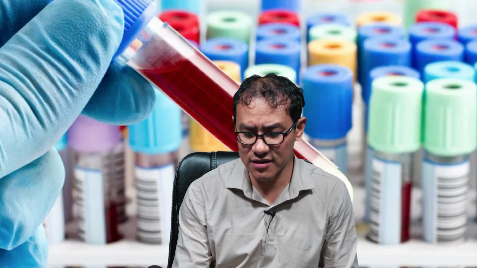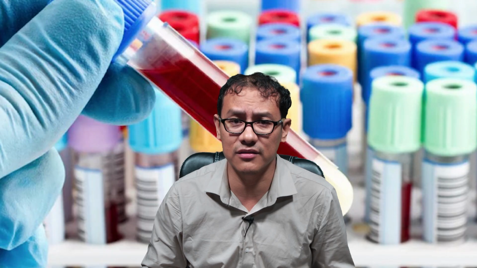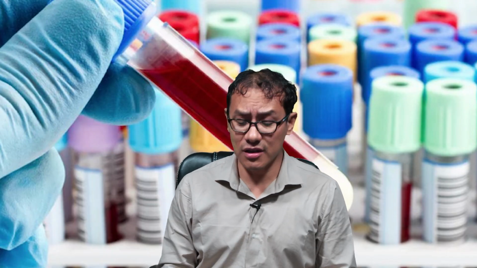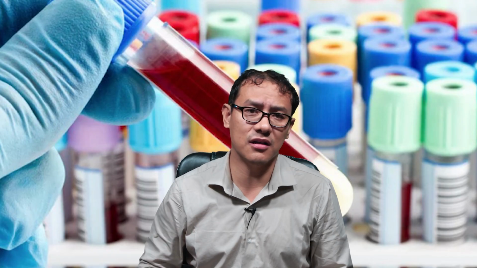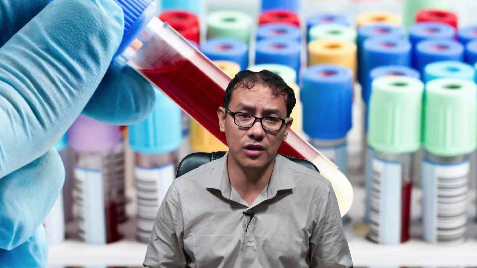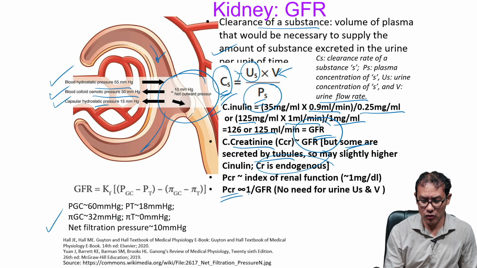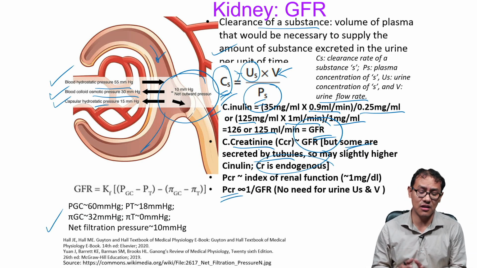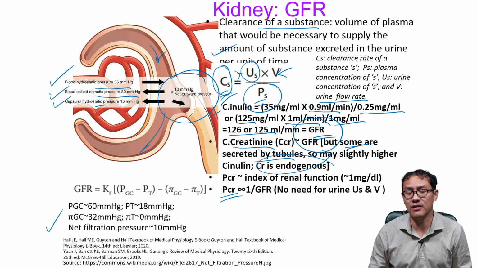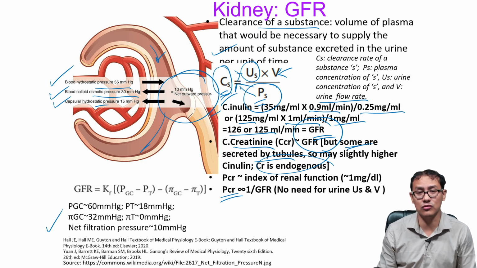The advantage is that creatinine is endogenous. You don't have to inject anything into the body. Also, in some renal patients it may be very difficult to collect the urine, or assess urine concentration. So we can simply take the PCR, the plasma concentration of creatinine, as an indirect marker of renal function, because it is inversely proportional to the GFR.